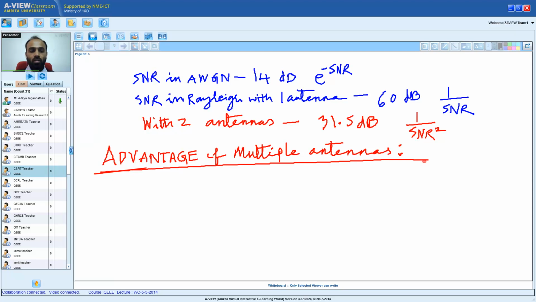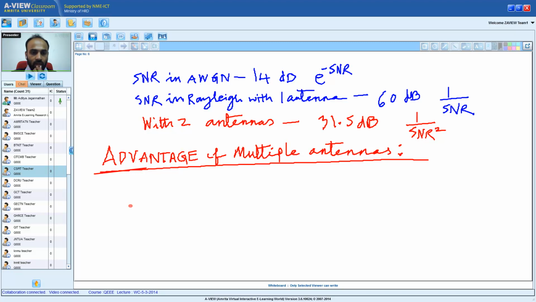Can someone tell me what is the advantage of having multiple antennas? Yeah, I'm getting the answer from GIT.